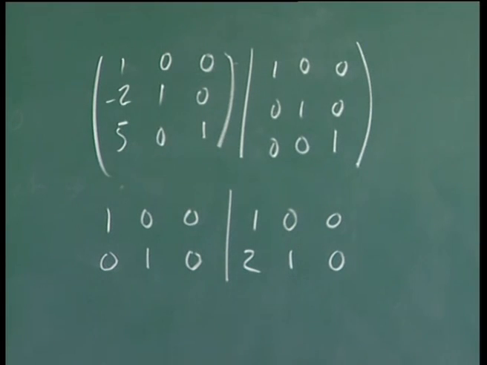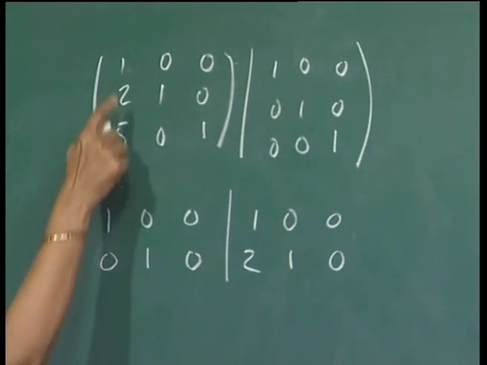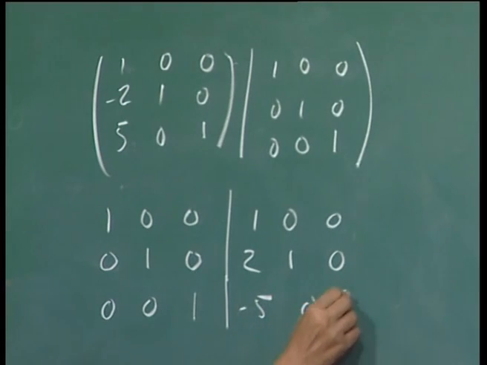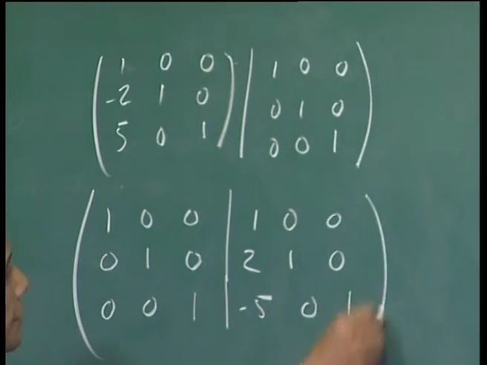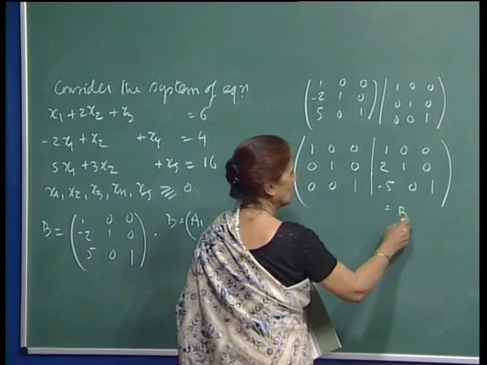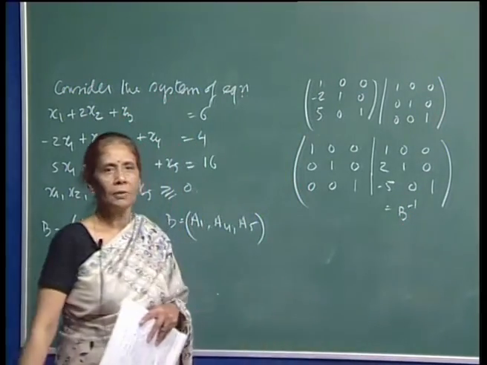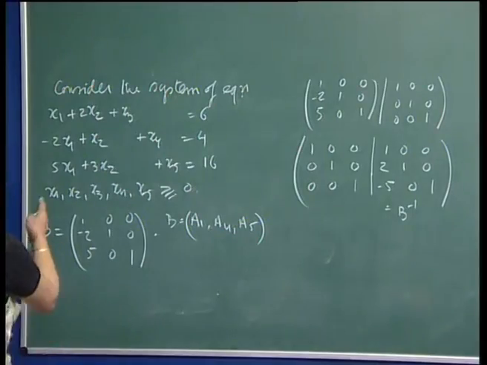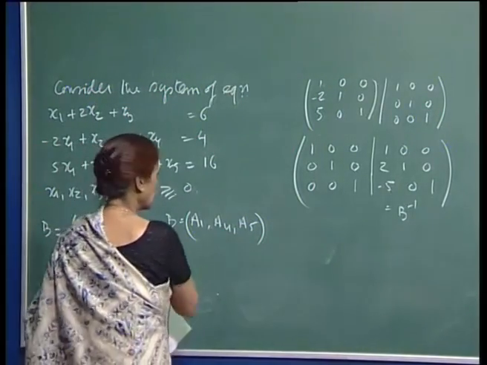Then 5 times the first row is subtracted from the last row, giving minus 5 0 1. You can verify that this is now B inverse. So, elementary row operations helped us obtain the inverse of the given matrix B.